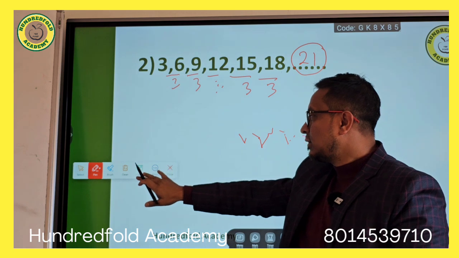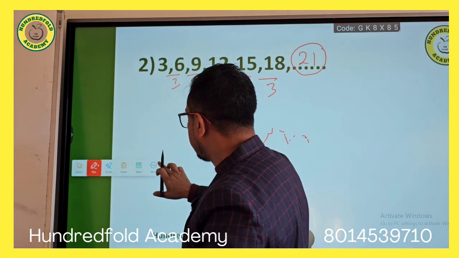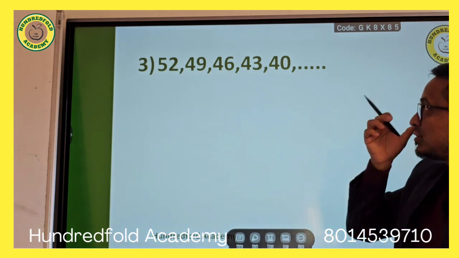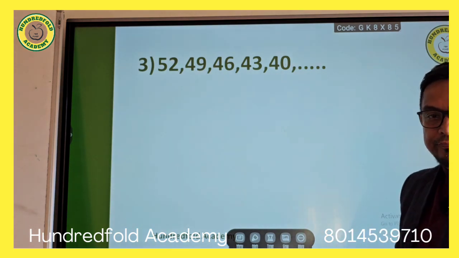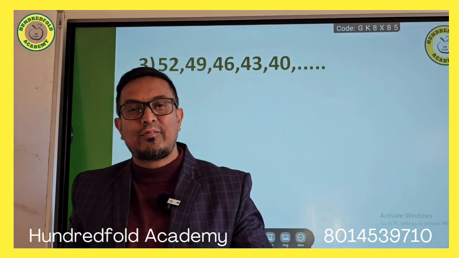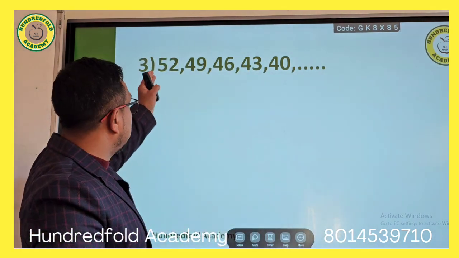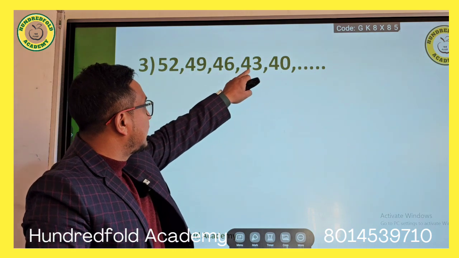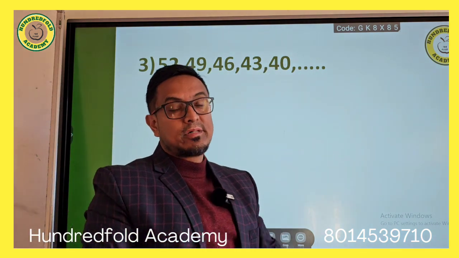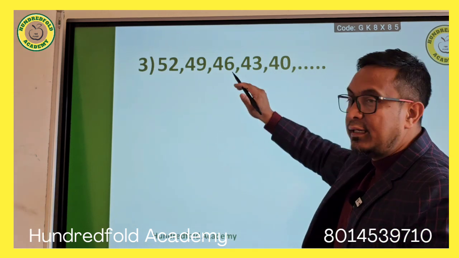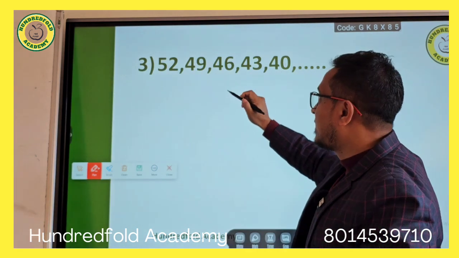So this is another type. Let's take another type. Now in this case, it's slightly different. What you have noticed is, it's not increasing, but decreasing. From 52, it became 49. From 49, it became 46, 43, 40. So in this case, the number series is decreasing.